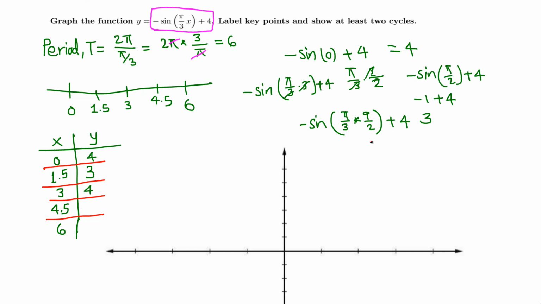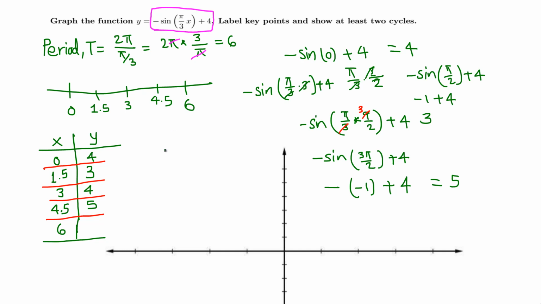This simplifies to negative sine 3 pi over 2, plus 4 outside. Sine 3 pi over 2, which is 270 degrees, is negative 1, whereas sine pi over 2 is 1. So negative of negative 1 means plus 1, plus 4 is 5.